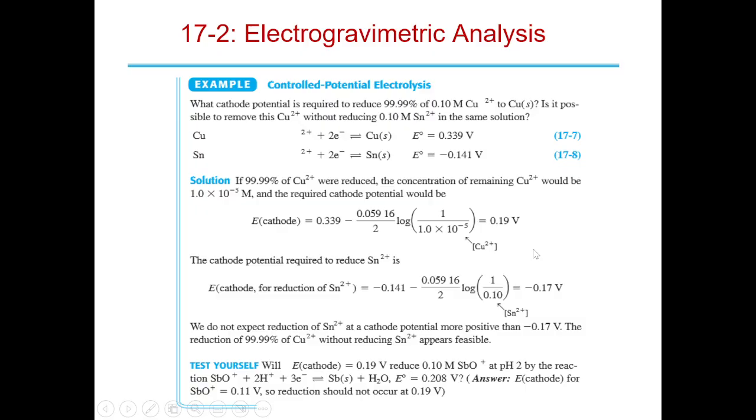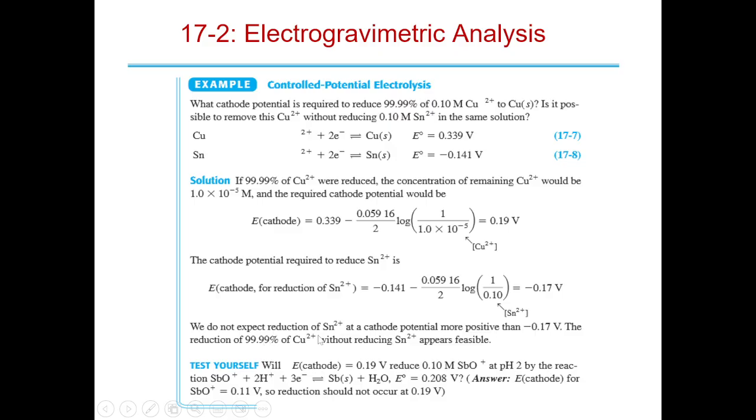So the log of 1 over the concentration of the Sn2+, which was given to us right here, 0.1, right? And what do we find out? Well, we would get negative 0.17 volts. So in this case, we would not expect the reduction of Sn2+ at a cathode potential more positive than negative 0.17 volts.